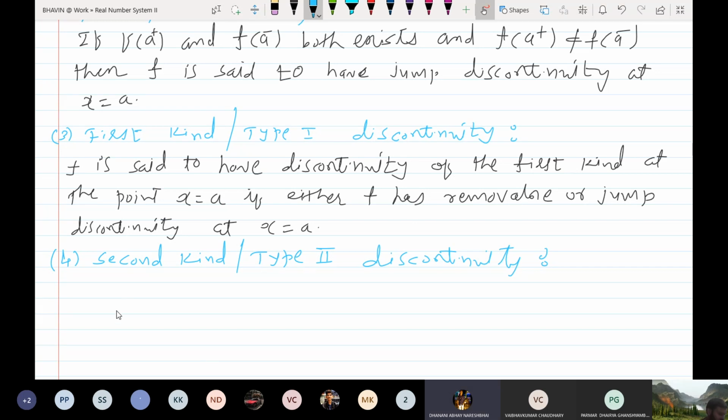Very simple. Do you understand what I mean to say? So the function has a discontinuity of second kind if it has not a discontinuity of first kind. This is very simple.